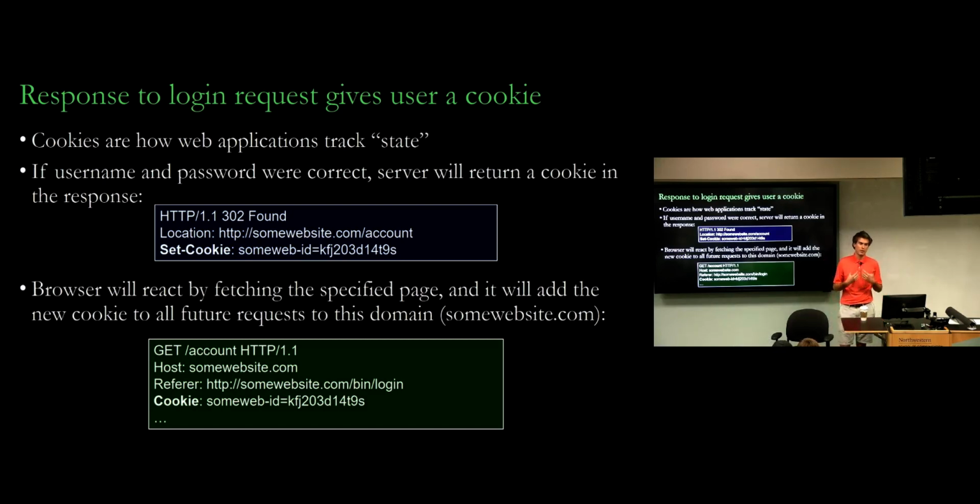So the page I get when I go to Amazon.com is different than the page you get. Although our browsers are both making similar requests to get the root page of Amazon.com, there's some additional information included in that request that causes the server to generate a different response.